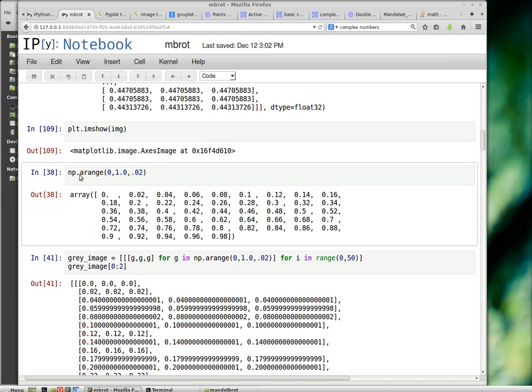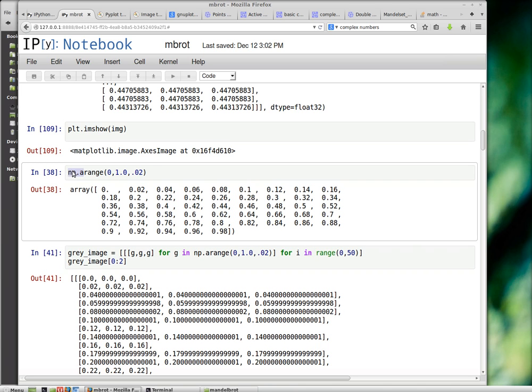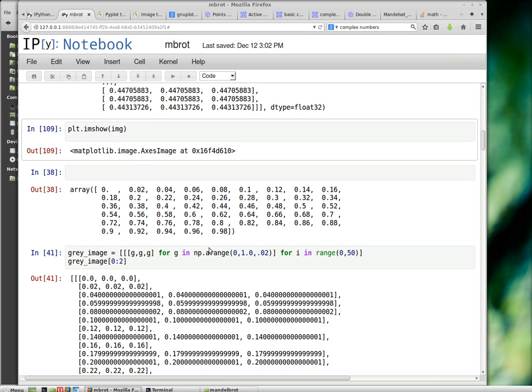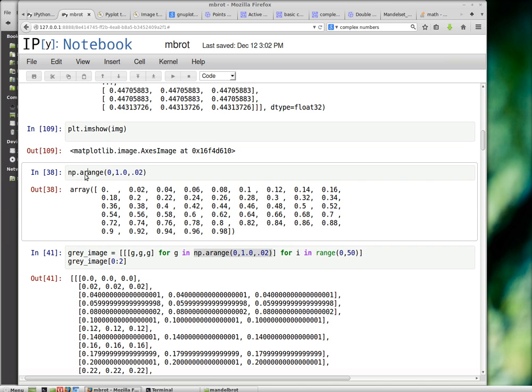So this arange function, it's a lot like range. You're probably familiar with the Python range, right?